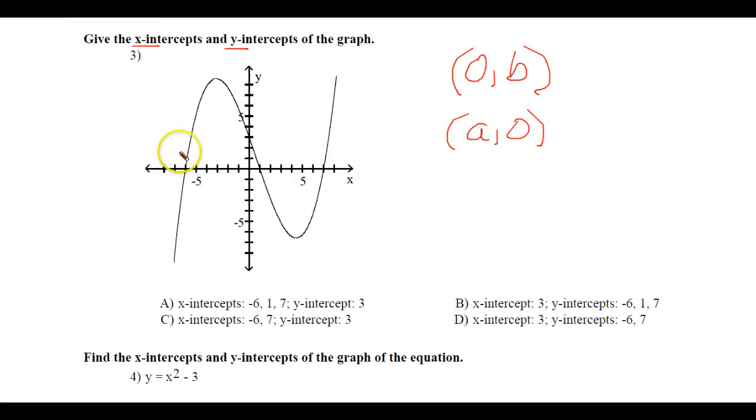So here it's an a value, negative 6. Here this is a b value, which is 3. Here is an x value, which is 1. And here is another x value, that is 6. So when you match this up, you get letter A.